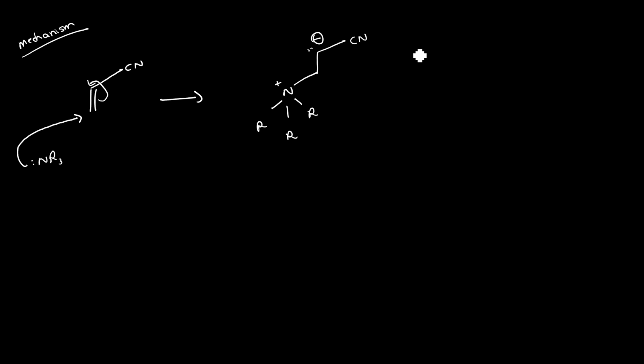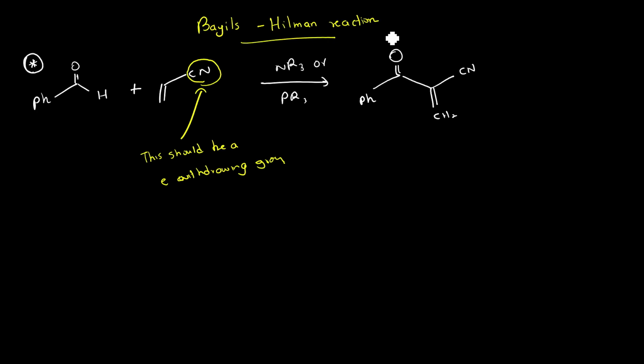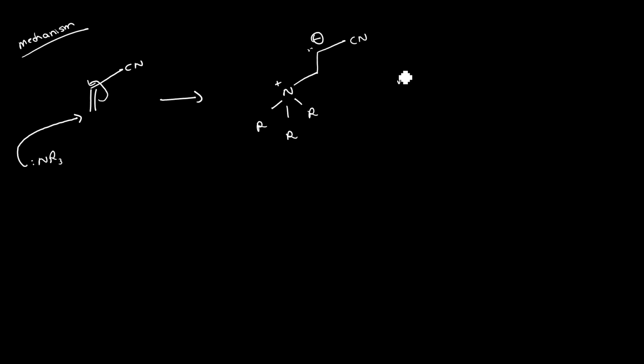Now if you remember, we are using an aldehyde here. Let's take the aldehyde. Now the aldehyde comes into action. You can see there's a nucleophile here. This carbon is electron deficient, so it can attack this carbon. Now we can form our molecule like this.